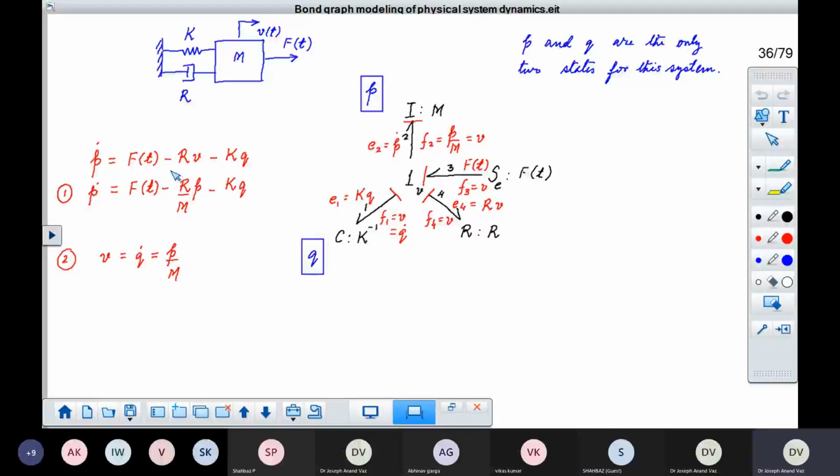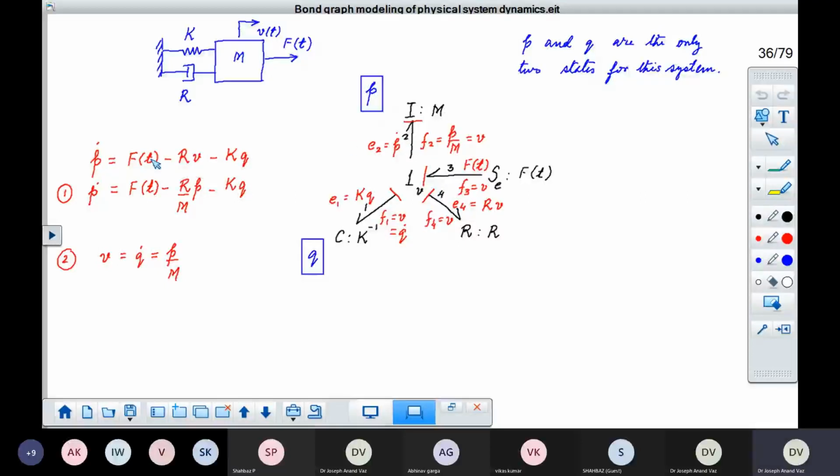You can also write these equations in a form which we call the state space form. You can write this as P dot, this effort. So it's an effort summing junction. So you can say that this effort is equal to this effort minus this effort minus this effort.